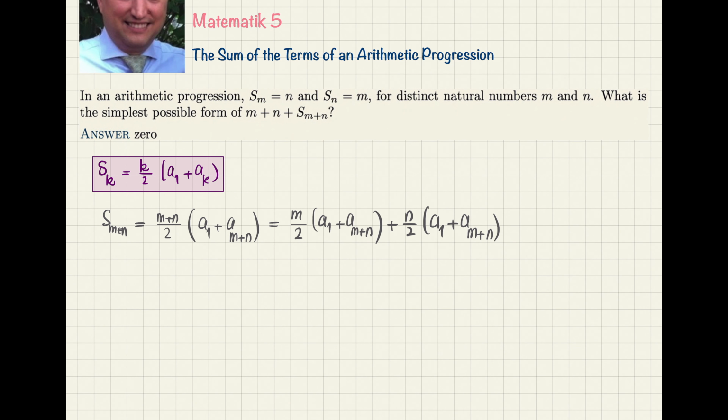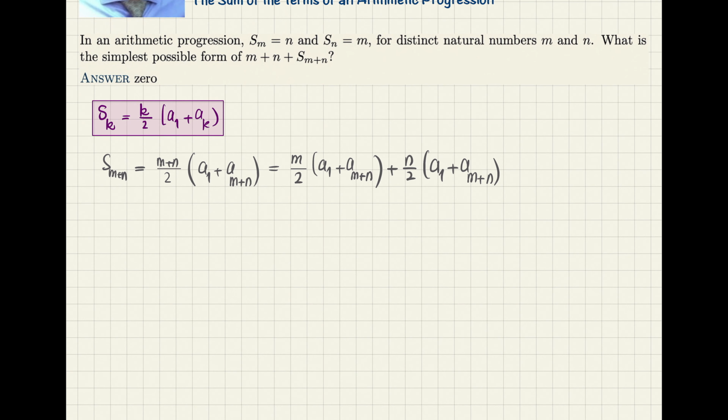But now let us see what this expression is. I can write this expression in two different ways. Here I can write a sub m plus n. I can consider this term n terms after the mth term, so this means that this is the mth term plus n times the common difference.